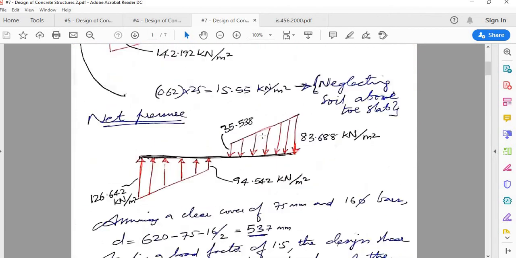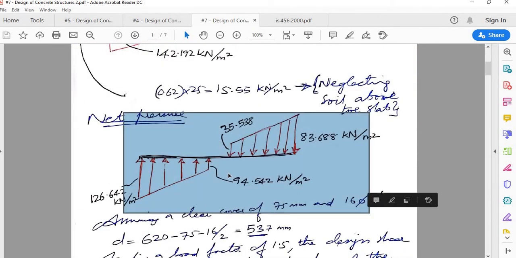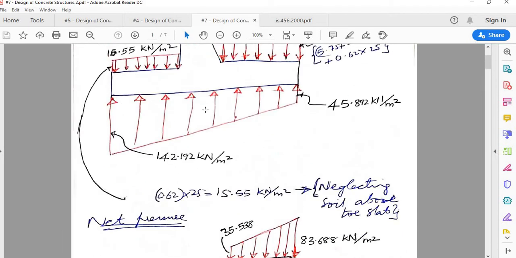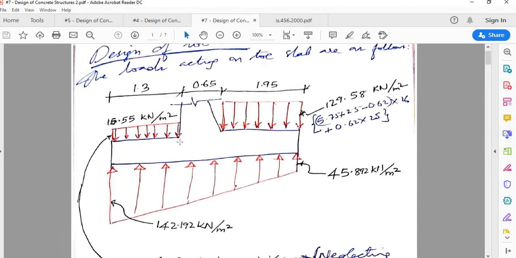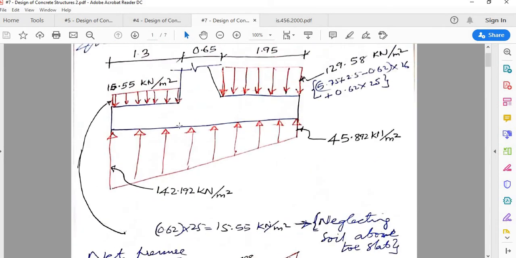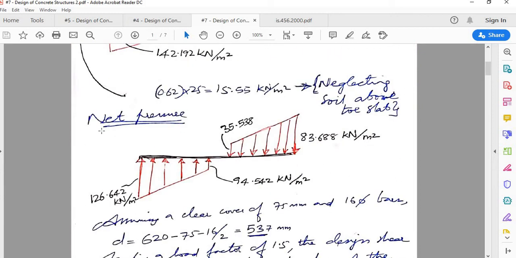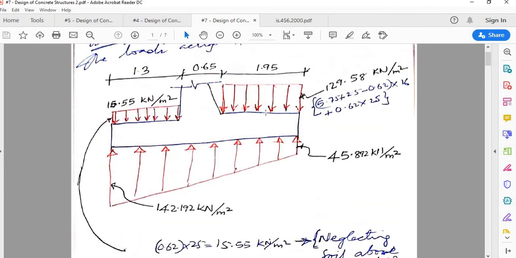So if I draw the line diagram, it will look something like this. At the top portion, the net stresses will be acting upwards. So whatever component you get here, you subtract 15.55 from it, and this you also subtract 15.55 from. This is the pressure diagram at the toe slab. At the heel slab portion, actually the downward force is more than the soil pressure. Remember, we discussed this during the theory as well.